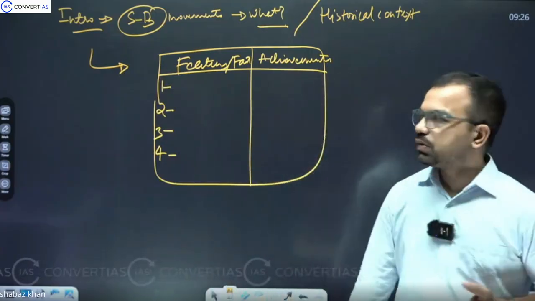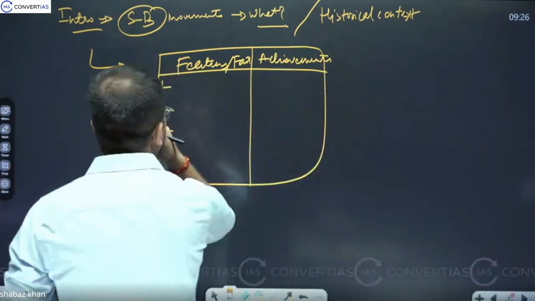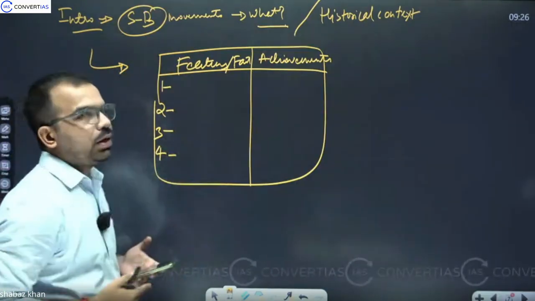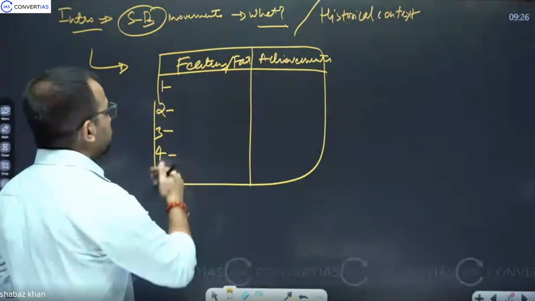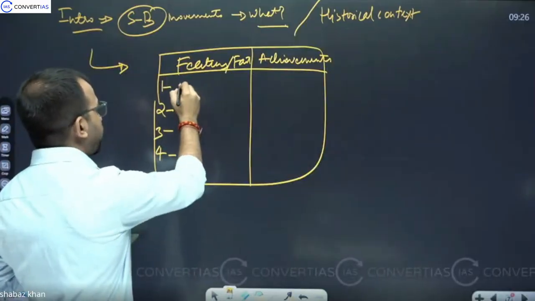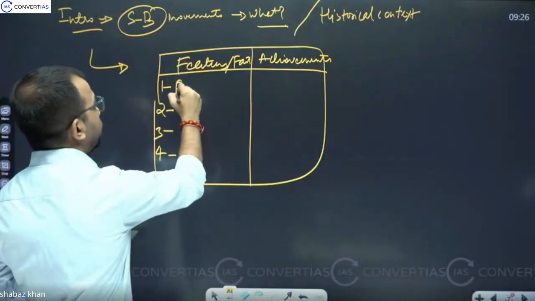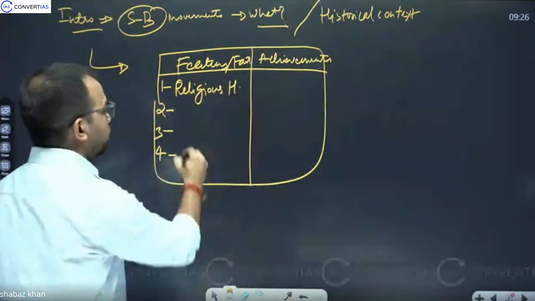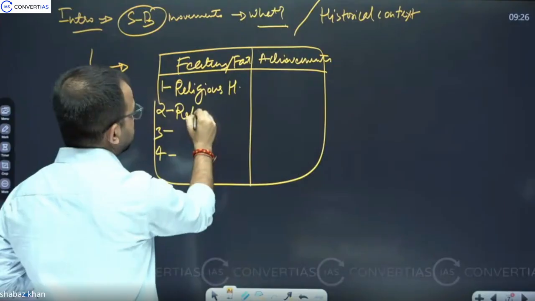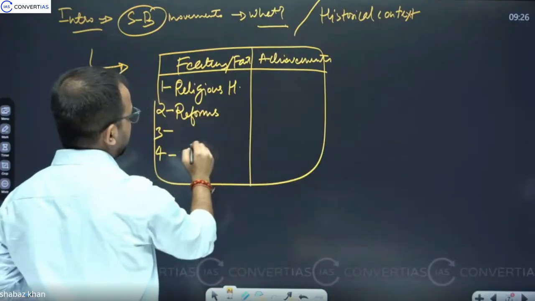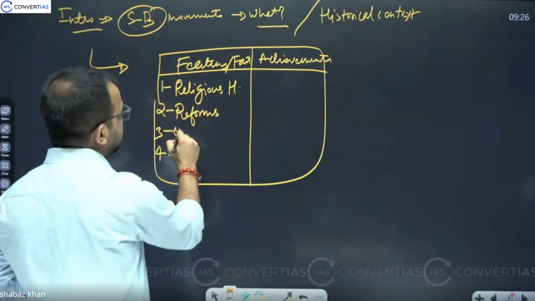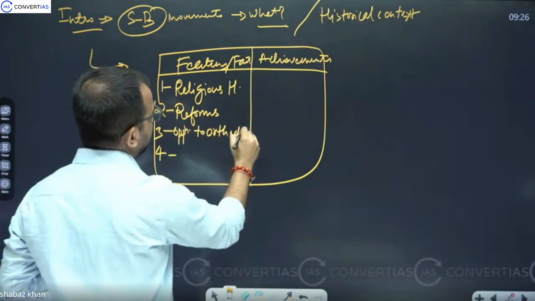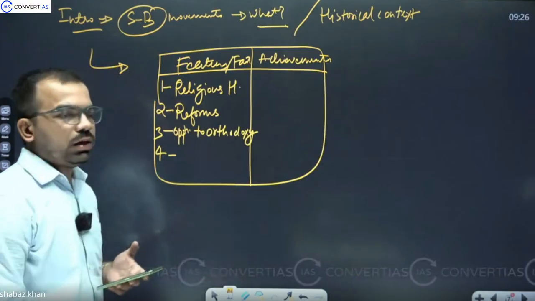What were the features of Sufi and Bhakti movements? What were they specifically talking about? Superb. Religious harmony. Reforms. Opposition to orthodoxy, whether it is social or religious.